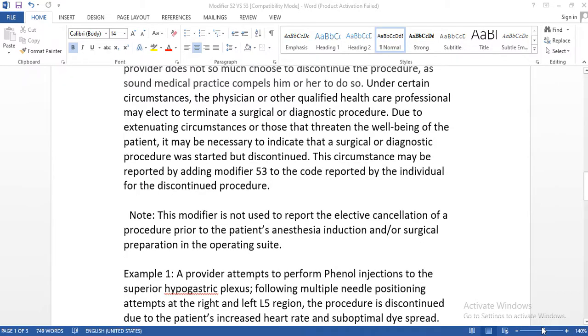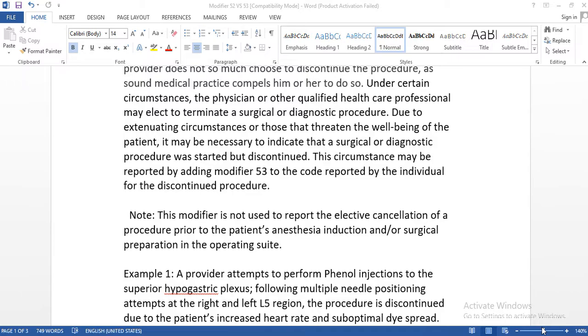Under certain circumstances, the physician or other healthcare professional may elect to terminate a surgical or diagnostic procedure. Due to extenuating circumstances or those that threaten the well-being of the patient, it may be necessary to indicate that a surgical or diagnostic procedure was started but discontinued.